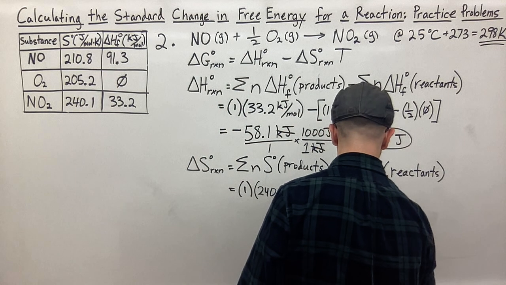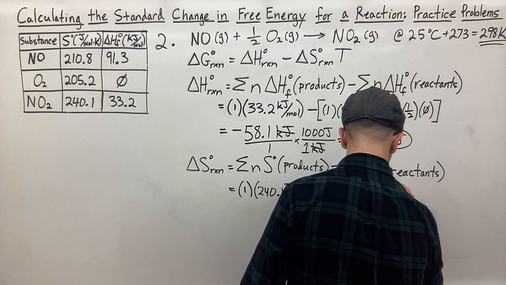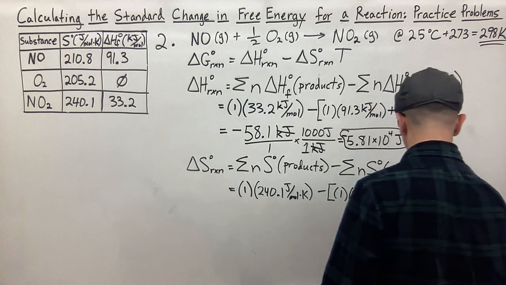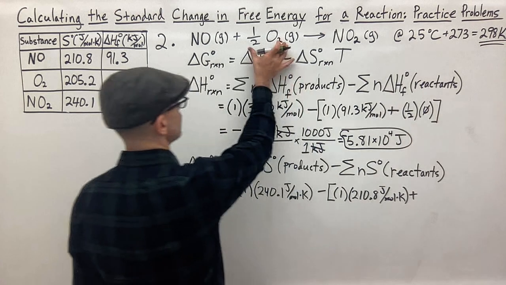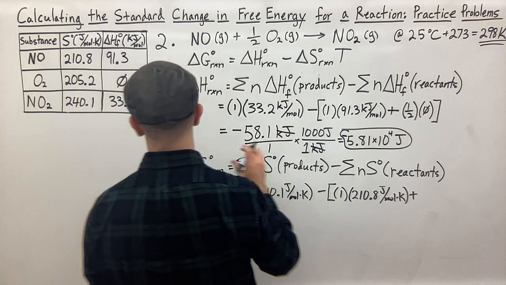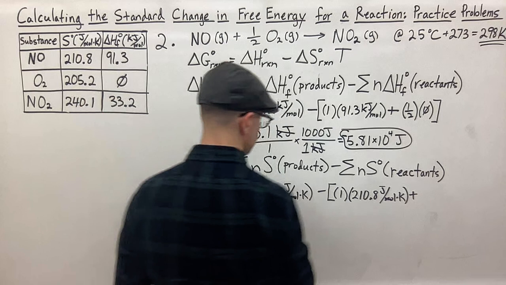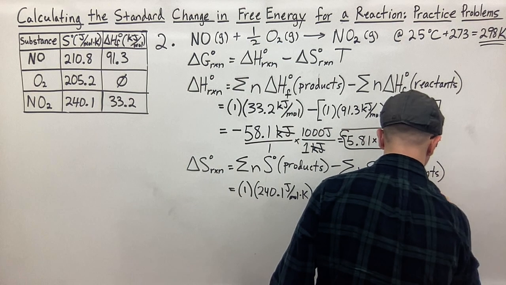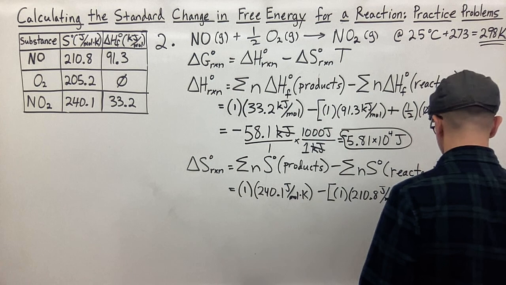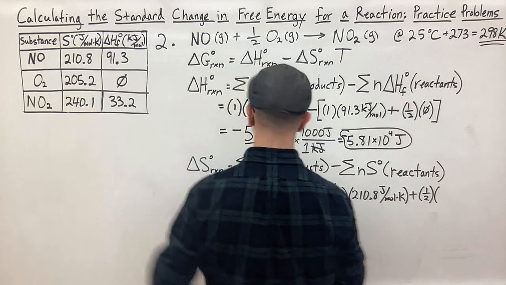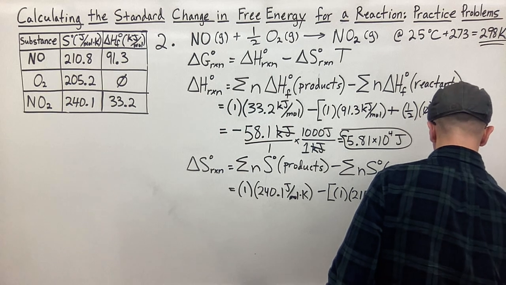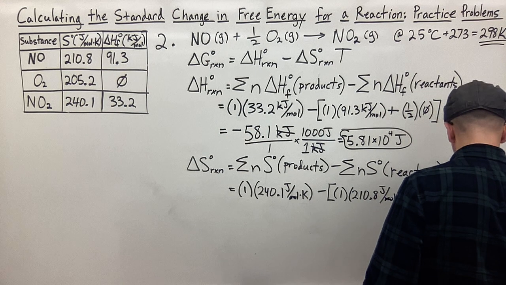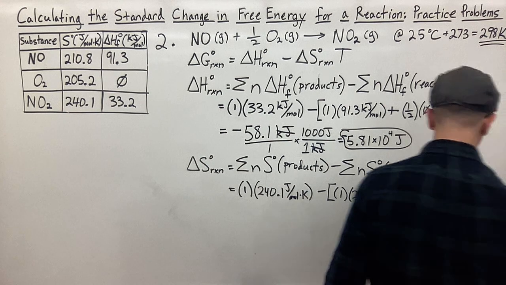210.8 joules per mole Kelvin. And then we're going to add to that oxygen, the second reactant. So oxygen here is 205.2, and we have 1/2. So we're going to take 1/2 and multiply that by 205.2 joules per mole Kelvin.